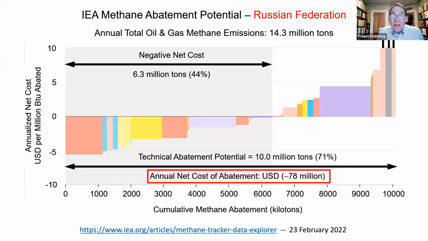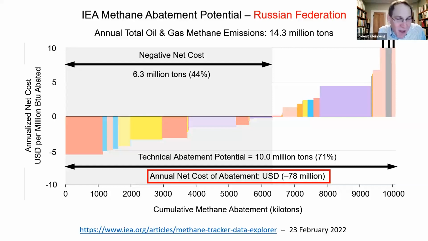Here's Russia. Russia, not so good. According to IEA, 6.3 million tons, or about 44% of total Russian emissions from the oil and gas industry, can be abated at negative net cost. So the Russians just aren't paying attention. That's all I've got to say.